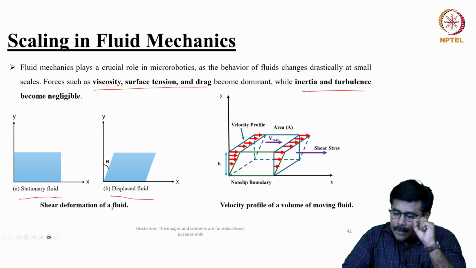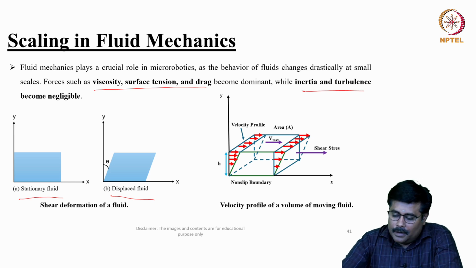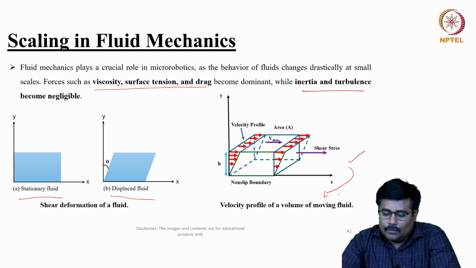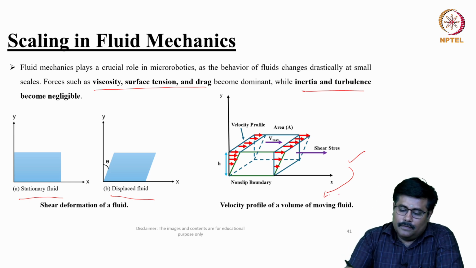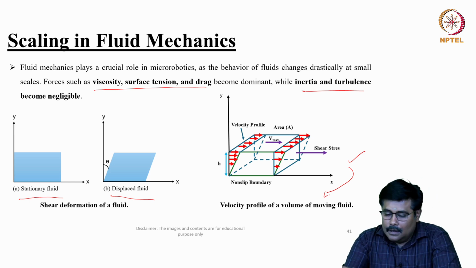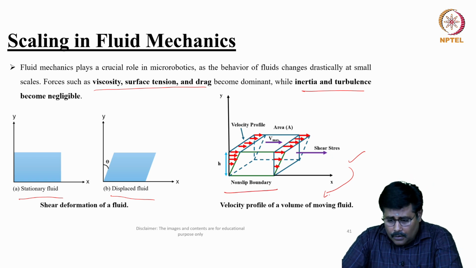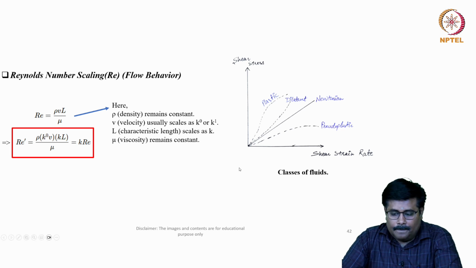Some of the key parameters of this fluidic structure are governed by the velocity profile, which has a direct intervention towards the volume of moving fluid. So in that aspect, we have a velocity profile in place. This is the overall area and a shear stress which is being induced into it, and then there is a no-slip boundary which exists over here.